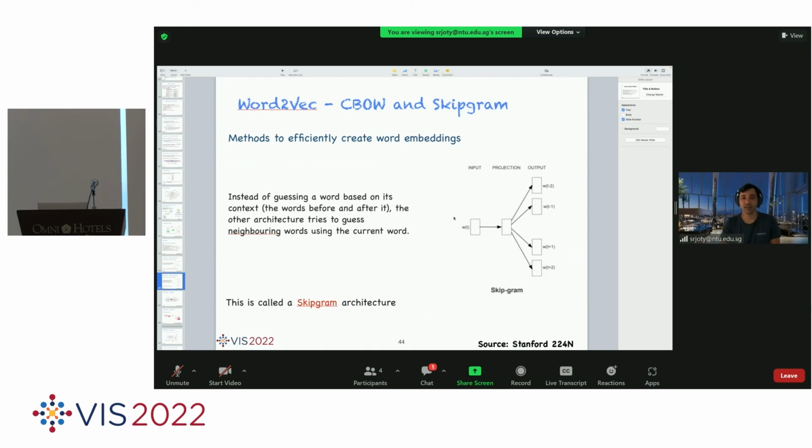Now, the other version of the model is skip-gram, which is the default Word2Vec model, and it is actually the opposite.